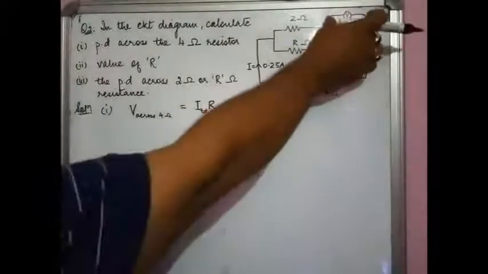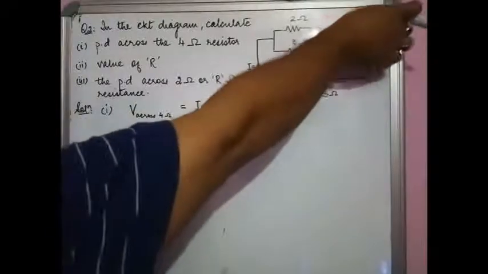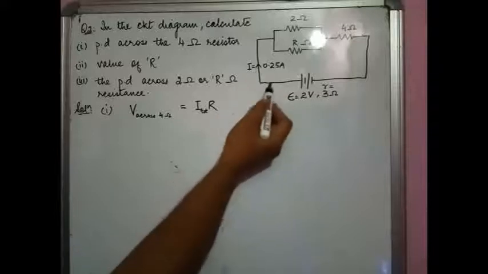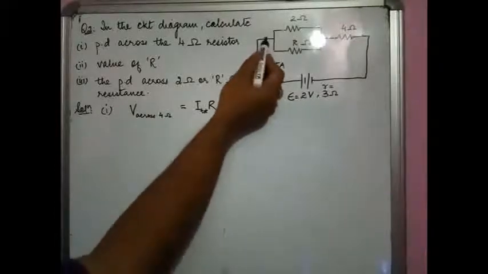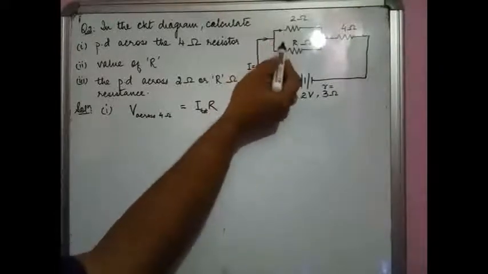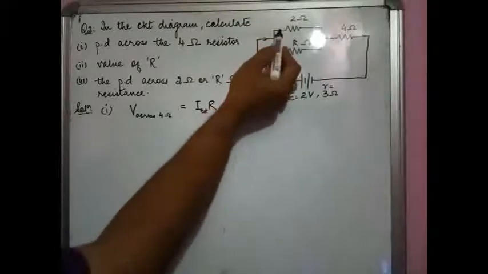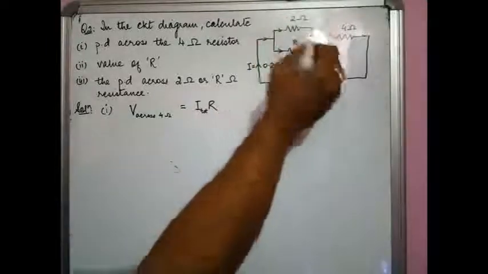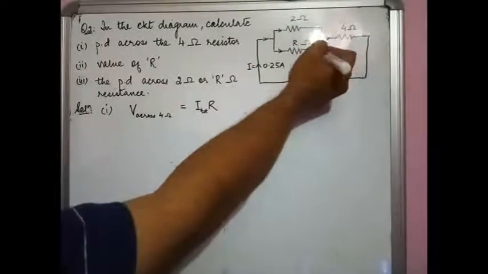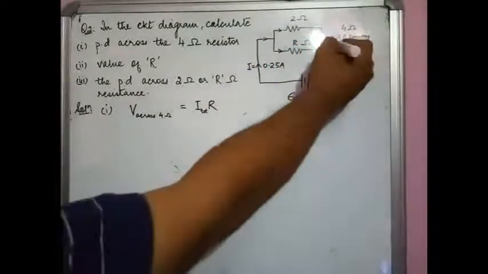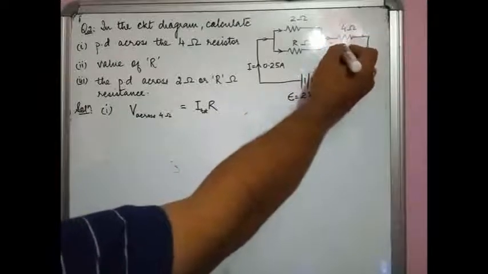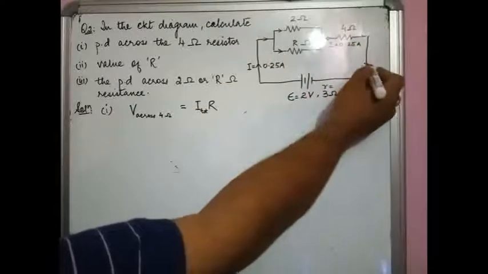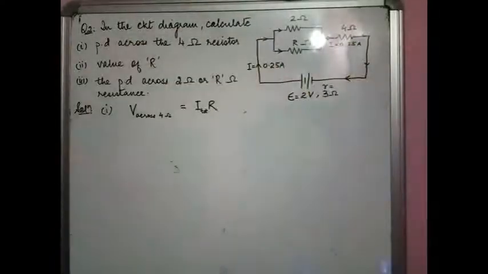Because if you see, now I am going to remove this voltmeter from here. Now you see, this is the main current that has started from the battery. When it reaches over here, obviously it is going to be split up. It is going to be distributed. Some goes in here, some goes in here. But the moment it comes out of here, again it will be combined, and it will be 0.25 amperes, which is going to come down here and then back to the battery.